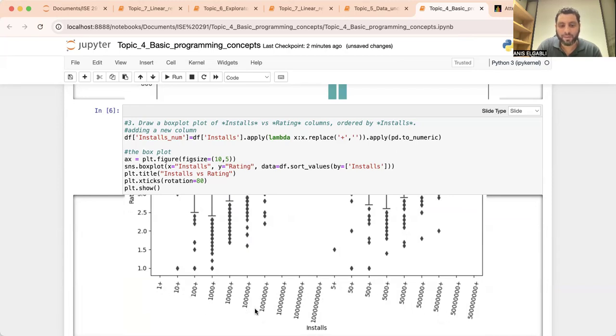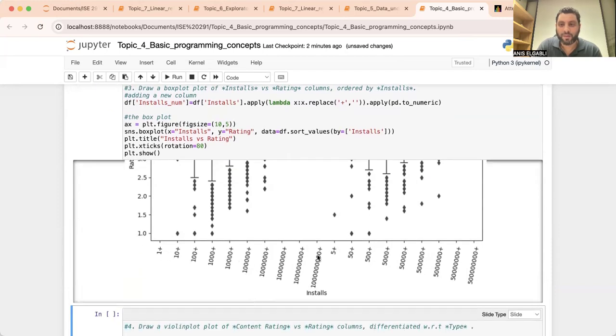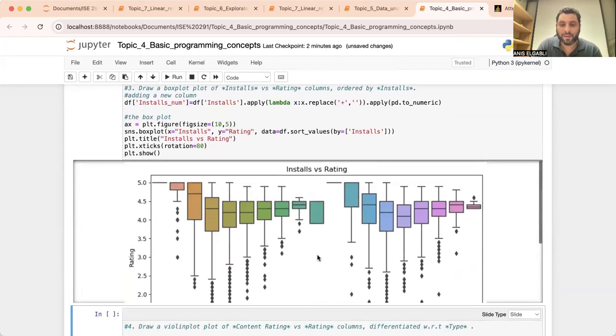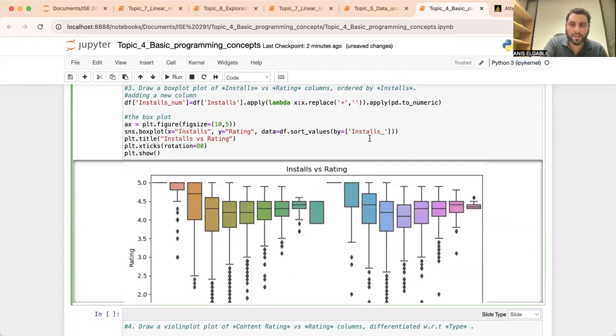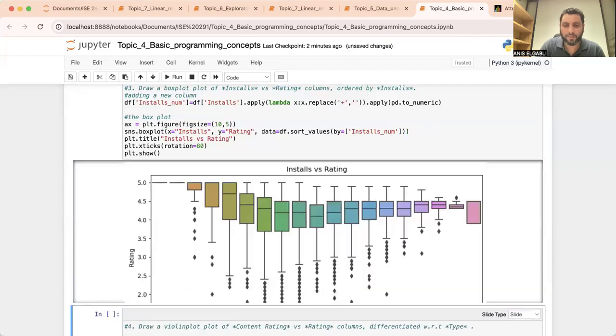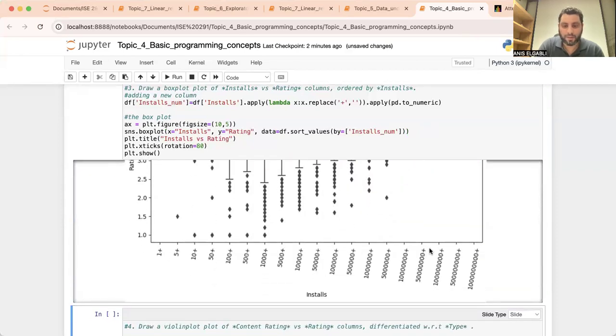All values starting with 1 will come first, and all values starting with 5 will come after that. So it's not really sorted by the number of installs. That's why we created this numerical attribute, in order to make this sorting.